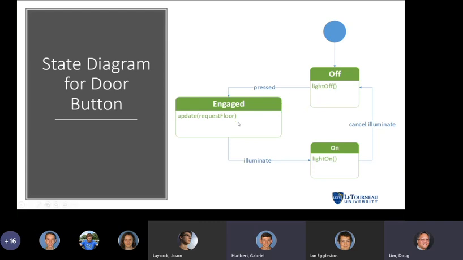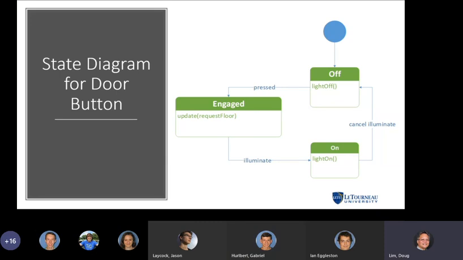It's update request floor, where the requested floor is the current floor, and then illuminate, and then lights on, and then cancel illuminate. So very similar. It's just that the requested floor is hard coded to the number on the button in the elevator button, and then associated with the floor on the other side.